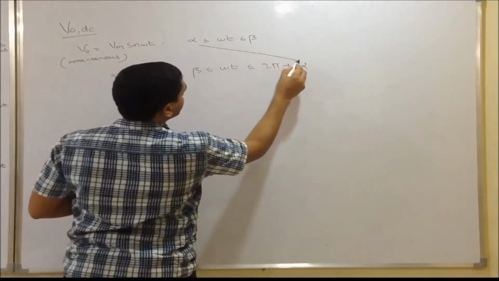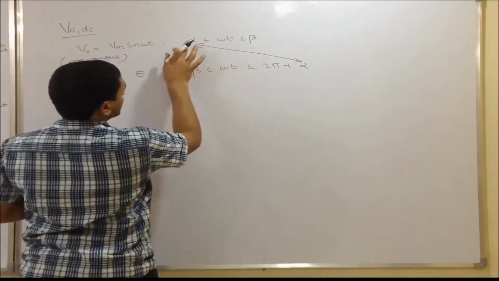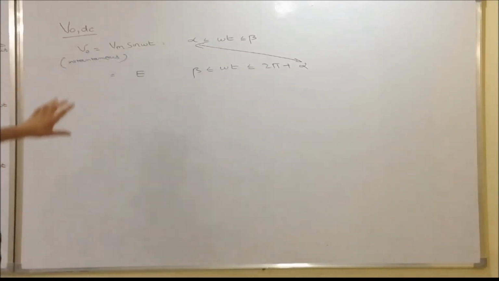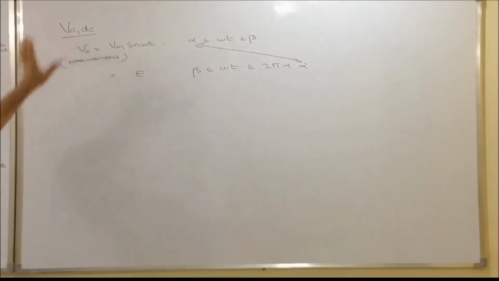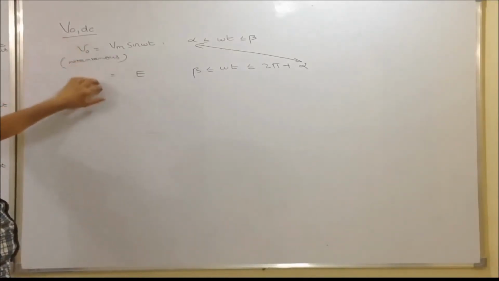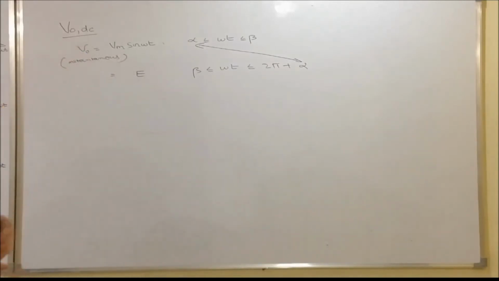So we have written the equations for 2 pi duration, alpha to 2 pi plus alpha, meaning one cycle we have covered. So that is what we required for calculating the V0 DC. We have to integrate for one cycle. Now, given these equations, I can easily calculate the V0 DC.